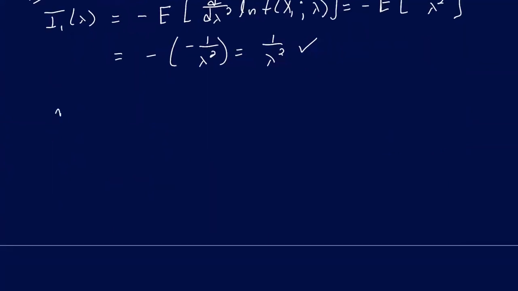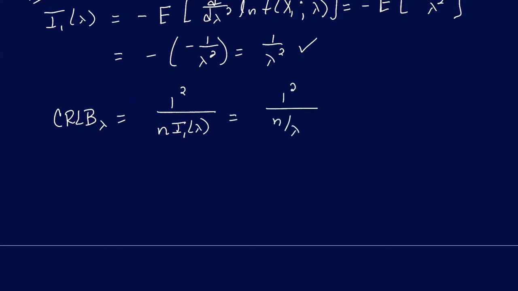The Cramér-Rao lower bound for the variance of all unbiased estimators of lambda is 1 squared over n times this one-dimensional Fisher information. That's going to be 1 squared over n over lambda squared, and that's going to be lambda squared over n. So we want to compare this to the variance of the estimator.